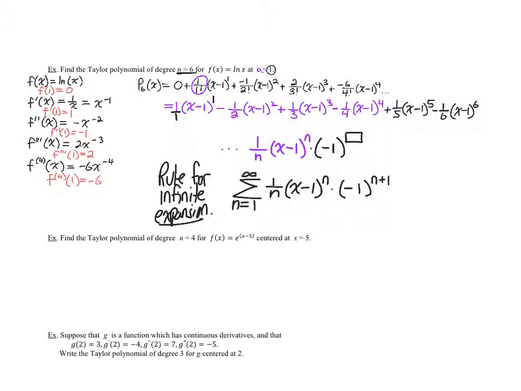I can now, if I wanted to, start thinking about how many terms I would have to go out in order to be accurate to, let's say, 10 units on an XY plane. So it's centered around 1. Maybe I want it to be as accurate as far as from a domain of 1 to 11. I could start thinking about how to make that happen. Maybe 1 to 20. Maybe I want it to be infinite. I don't know. But we can start building our way towards understanding that stuff.